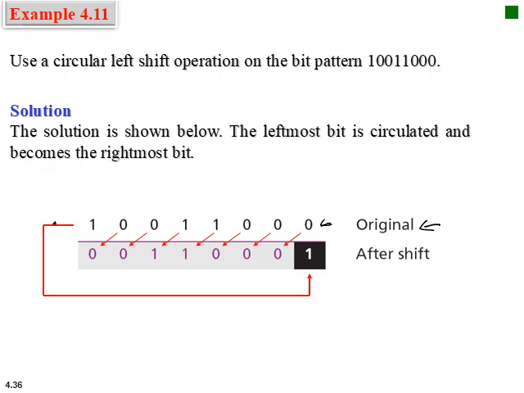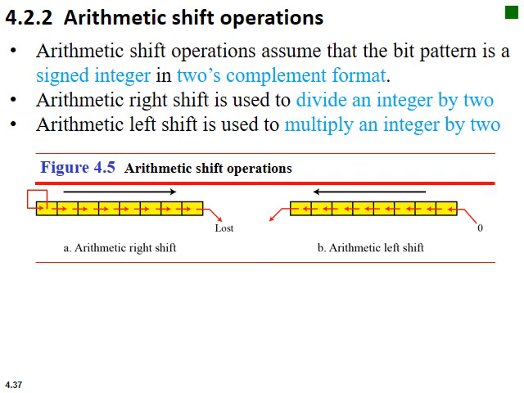We left shift everything one to the left, as you can see, basically copying all of those to the left over there, and the one that would have been thrown away moves over to the right hand side over there. Okay, so that is a circular left shift. A circular right shift would have been exactly the same.